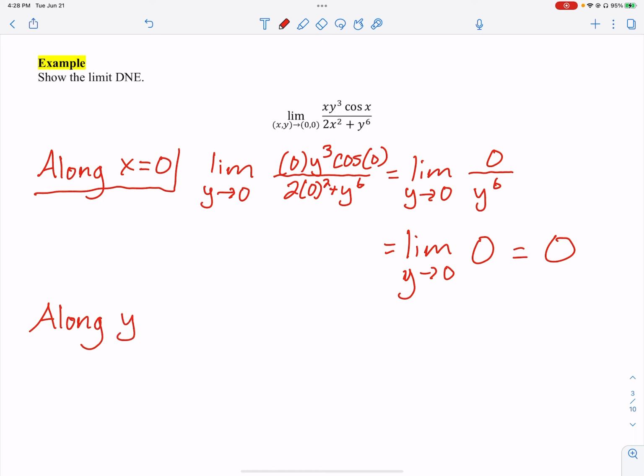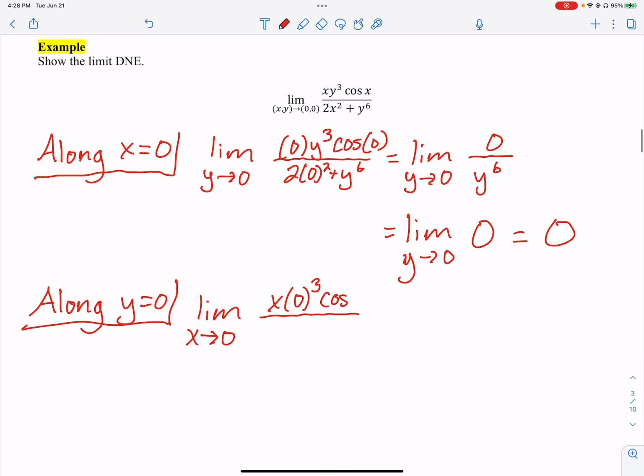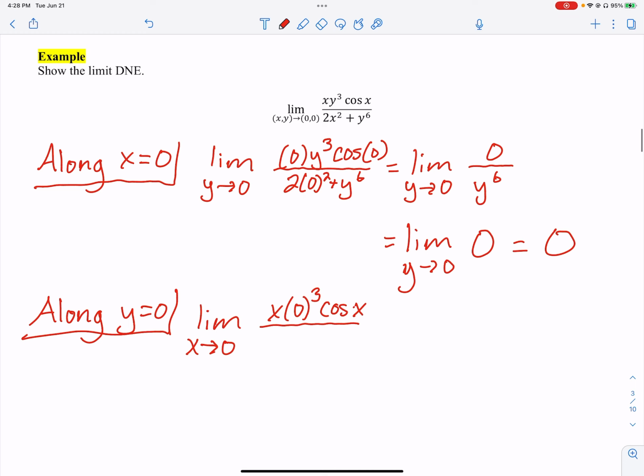We're going to try along y equals 0. So we keep our x, and we put 0 for y. So I got x times 0 cubed cosine of 0 x, because we plug in for y. Then we have 2x squared plus 0 to the 6th.